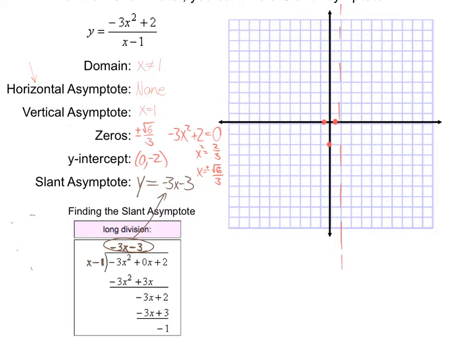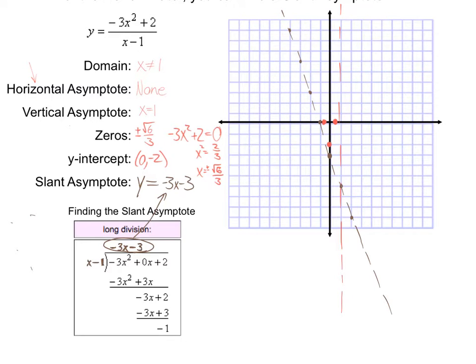So, now we can sketch. Here's negative 3. I have a slope of negative 3. So here is my slant asymptote. I made it nice and long here.